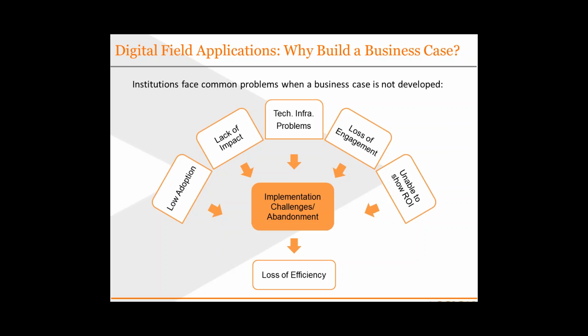So for example, low adoption can be caused by misunderstanding the actual business need, and therefore implementing a solution that doesn't meet that need for the users or the organization, or underestimating the need for proper training of your staff, who then don't adopt because they don't understand how or why. This then can lead to lack of impact if users are not able to use the solution. If the field officers don't understand how, then it will not function as it is intended.